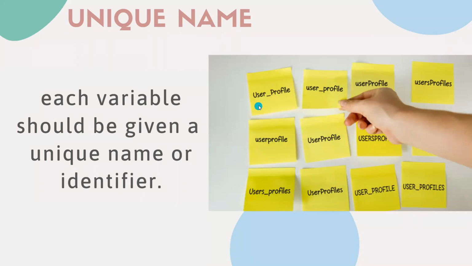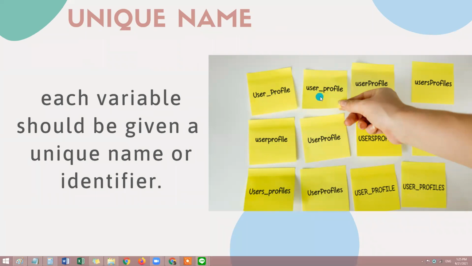For example, the first one, I have capital U, then SER, underscore, capital P ROFILE, user profile. But the second one, I have all small letters. Are they the same? Yes or no? No. Okay, very good. No, because this one will have another storage location, and the second one, this user profile here, has another storage location.